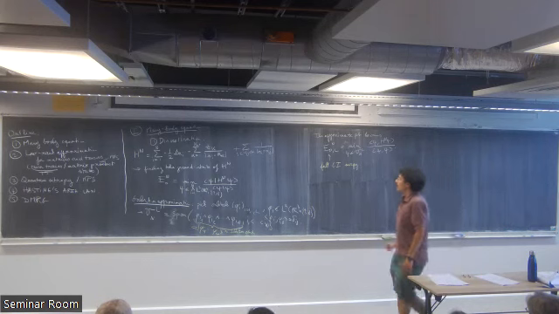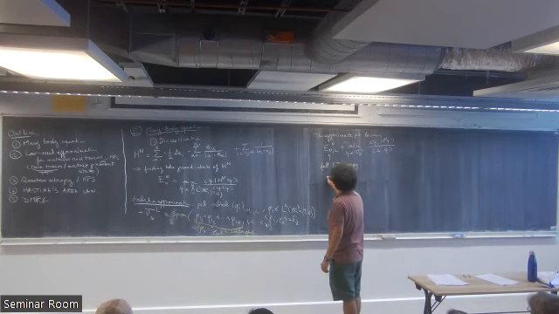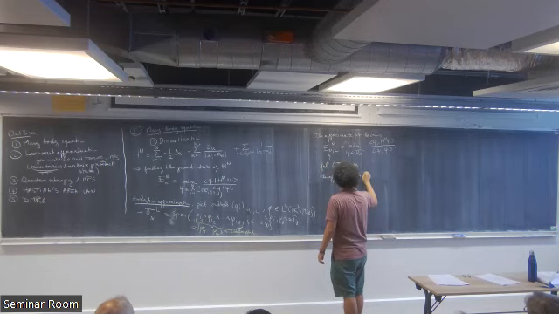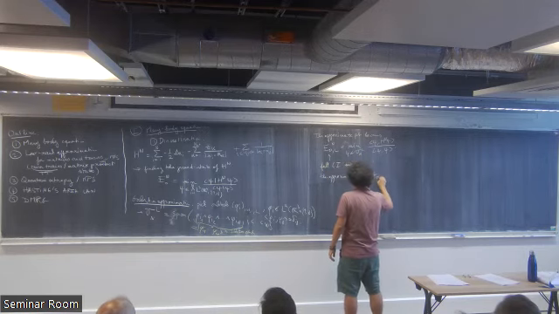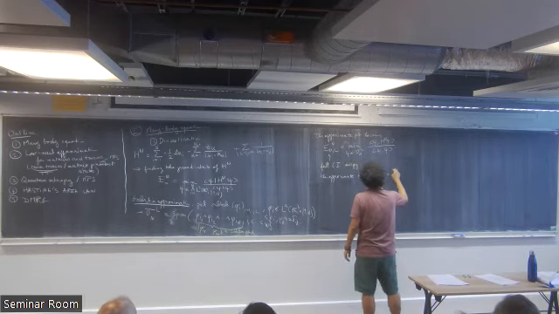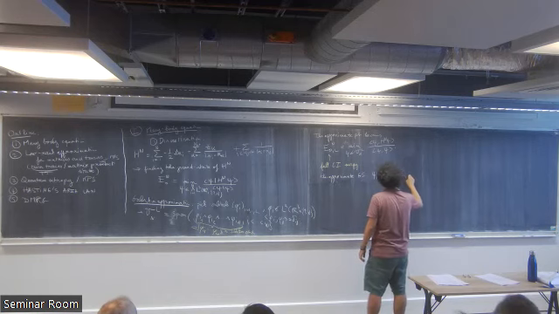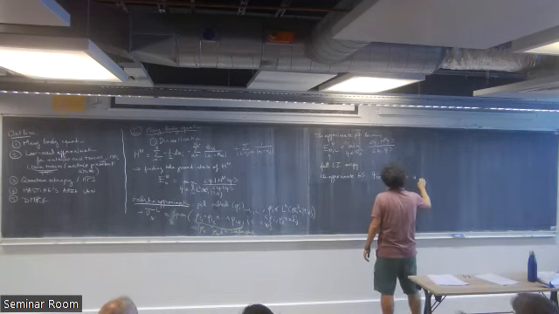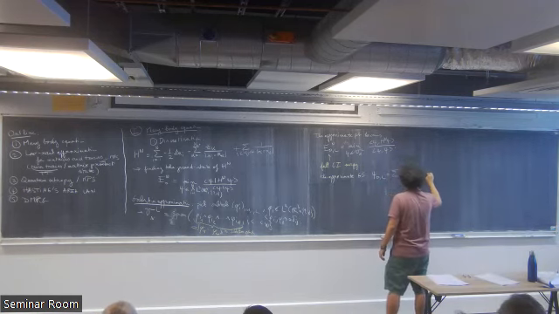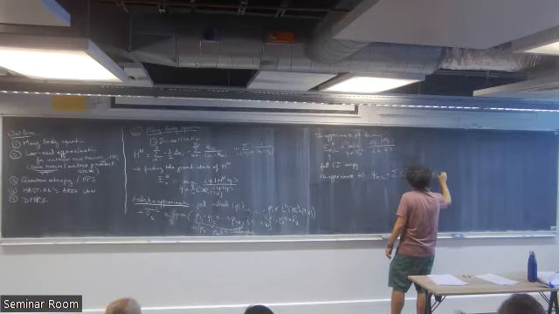And so in this case, the approximate ground state will be written as some sum of coefficients times these Slater determinants. Okay.